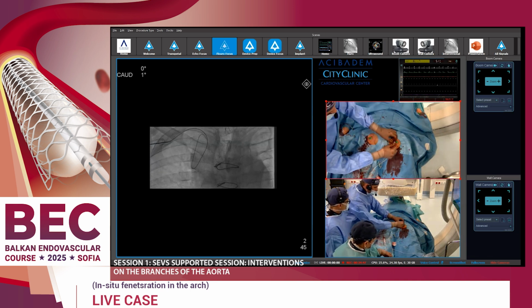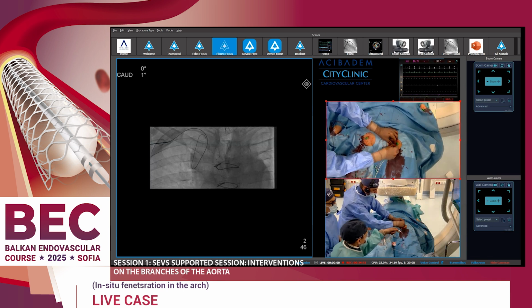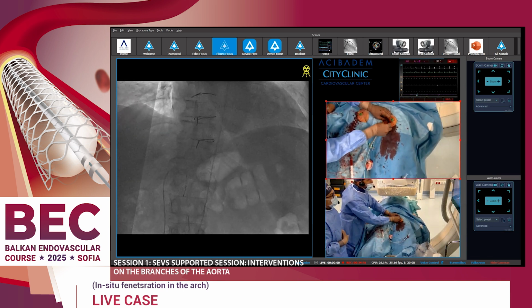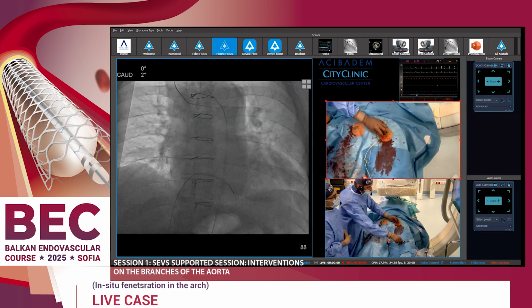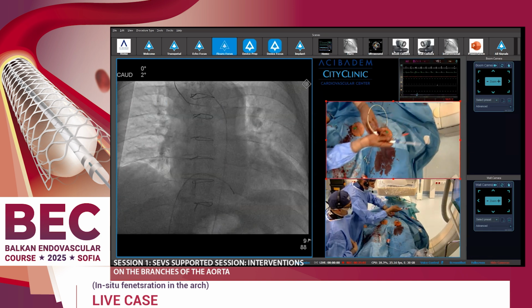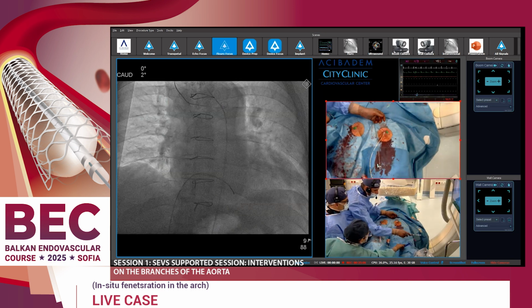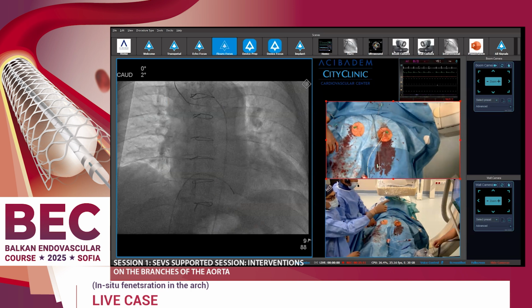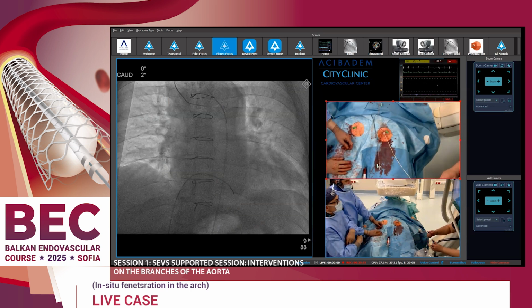Professor Stankov is right that from the left side, for the subclavian in situ fenestration, we can position a right ventricle electrode for rapid pacing during the implantation of the aortic graft. It's ready. We can continue now with the explanation of the vascular accesses.